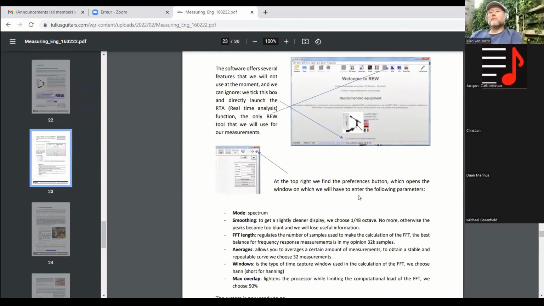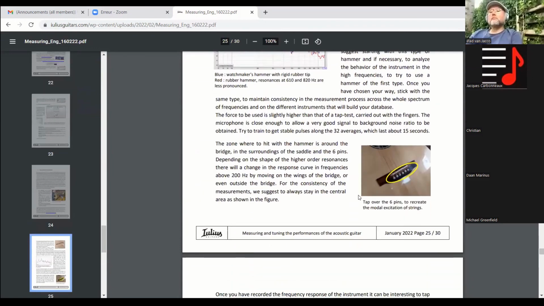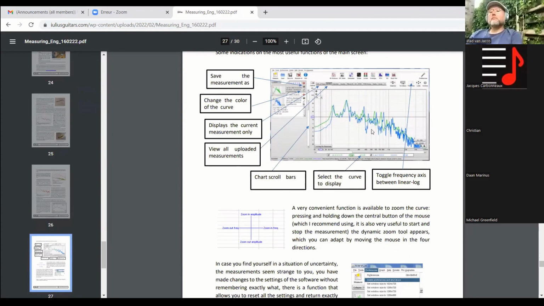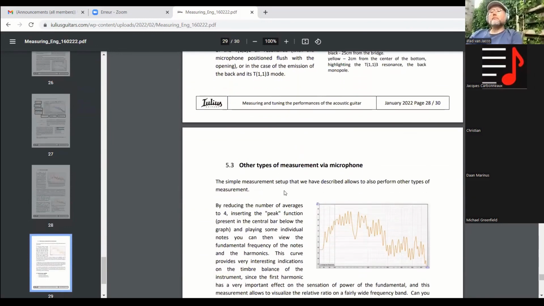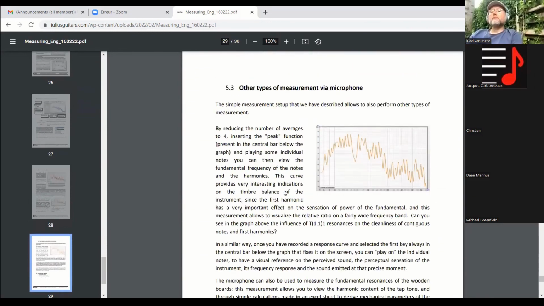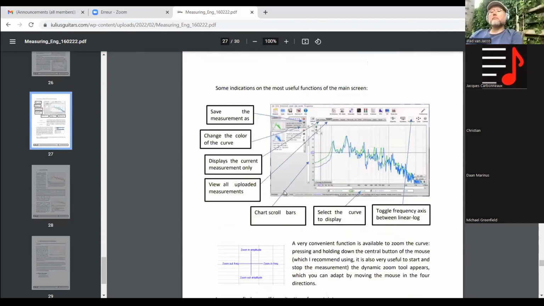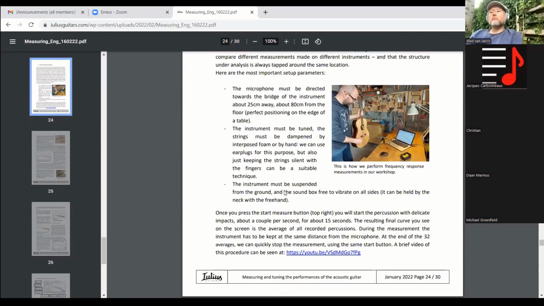You have all the information about the first things you have to do, how to set the measurement and the analysis. You have everything necessary to perform the measurements, and then some suggestions about how to get good results from your measurements. And there are also all the links and everything that you need for this.